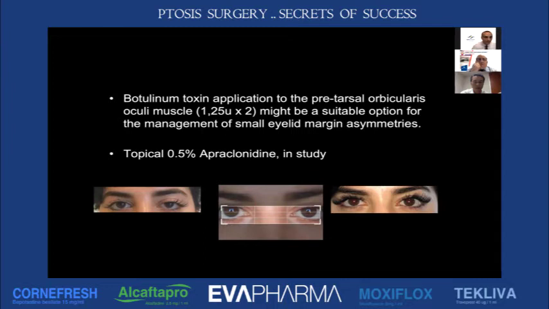I usually inject 2 injections of 1.25 units at the level of the eyelid margin, in the junction of the central third with the middle third, and in the central third with the lateral third junction. And apraclonidine has also been shown to be effective to temporarily correct the mild ptosis in these kinds of patients, as we can see in this image.